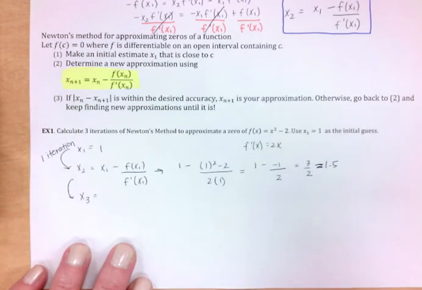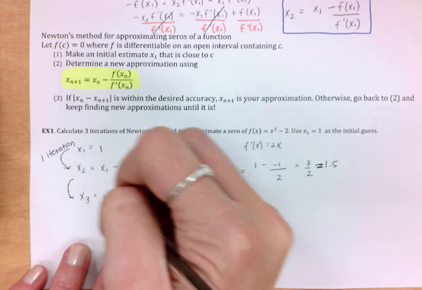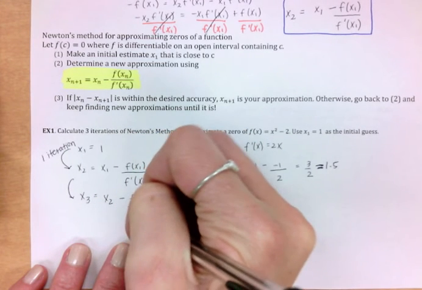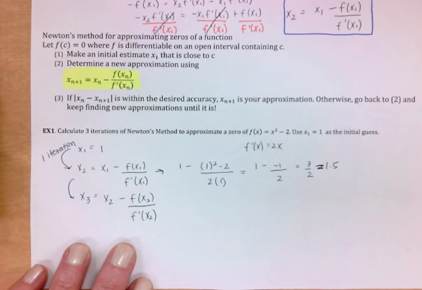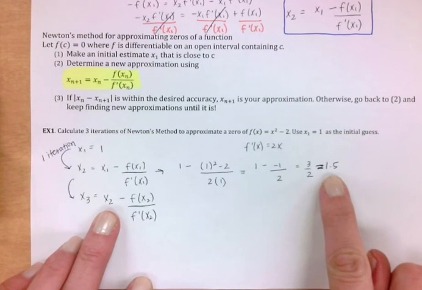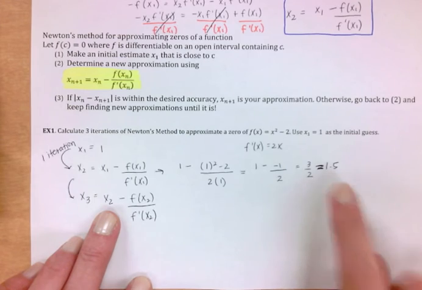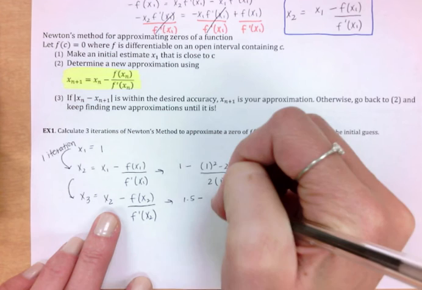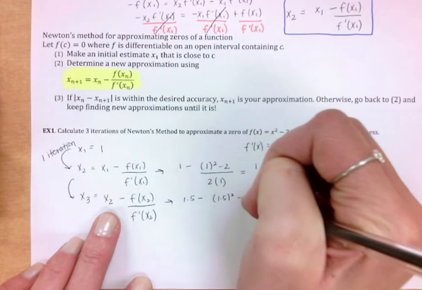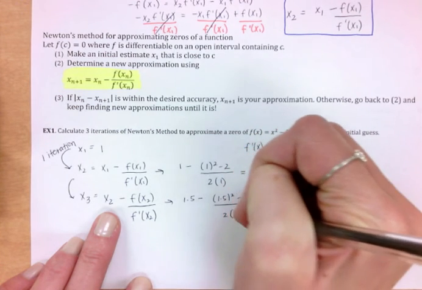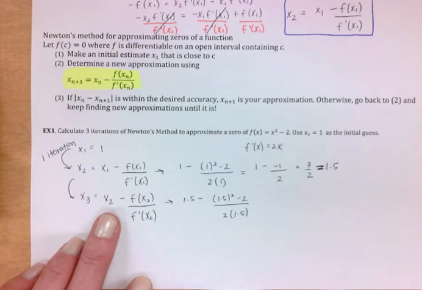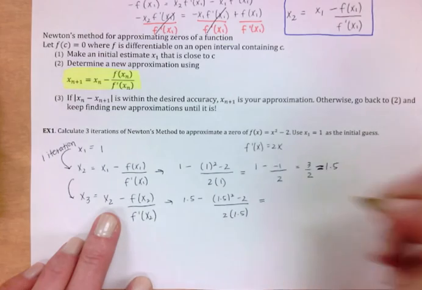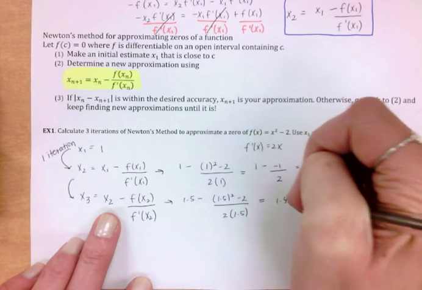So x3, same idea, but now it's x2 minus f at that value over the derivative at that value. x2 was 1.5, so it's 1.5 minus 1.5 squared minus 2 over 2 times 1.5. When you evaluate that, you'll get 1.417.